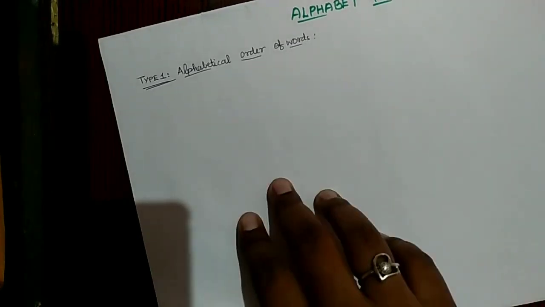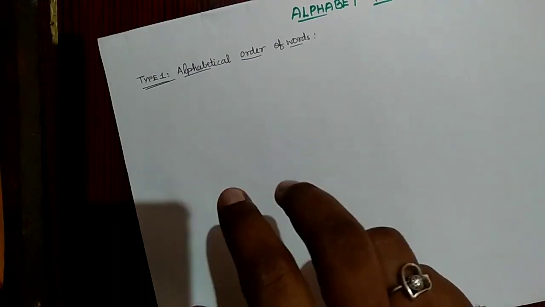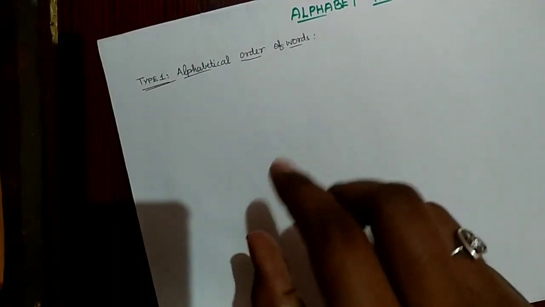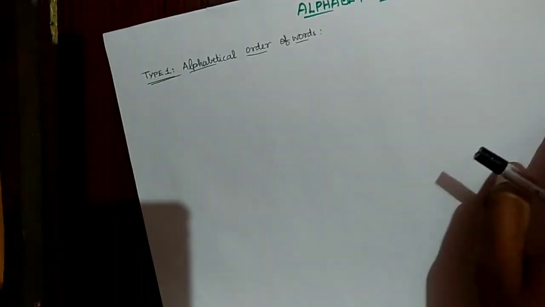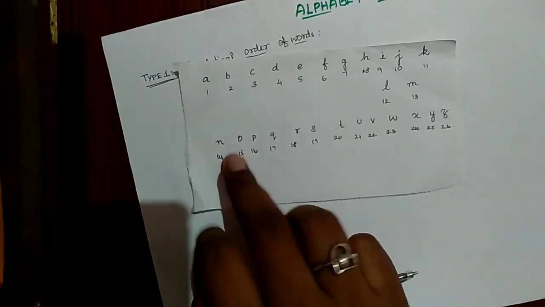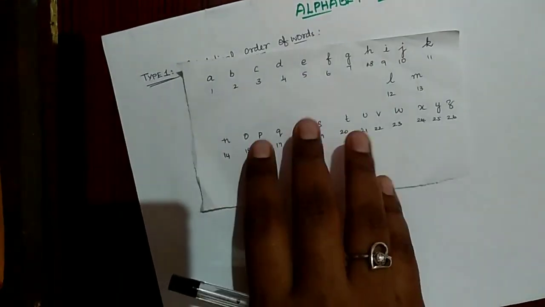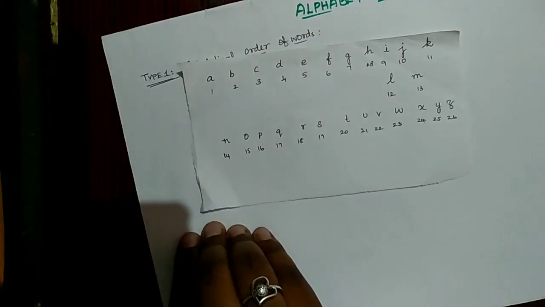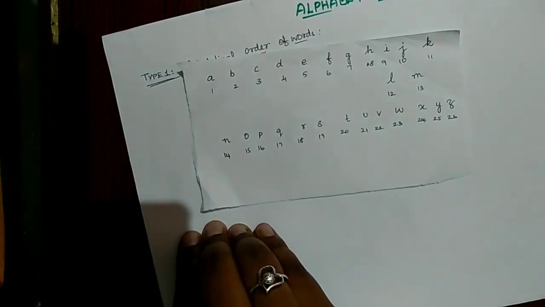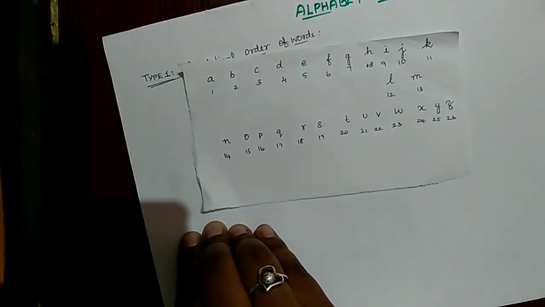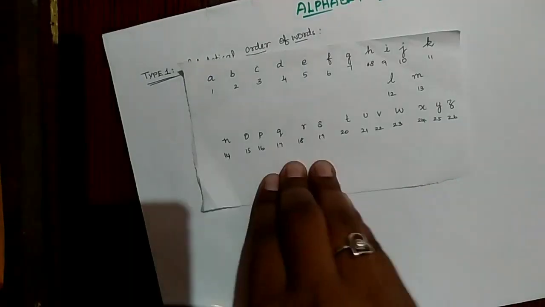Okay, for example, I'll be giving you some examples. Before that, whenever you come to solving reasoning problems, you just have to write this in the rough page. This will be very helpful for this alphabet test, and not only for this, even for coding and decoding. Like 40% of the problems will be based on this ABC order.